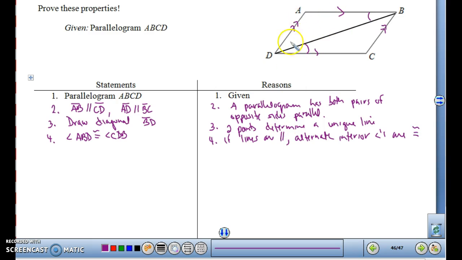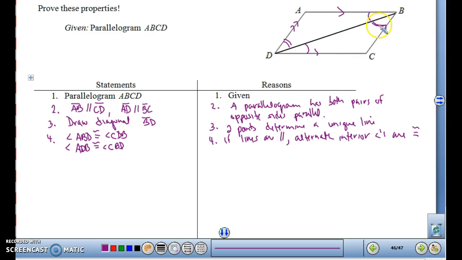Now, these lines right here are also parallel. So doesn't that give me another pair of alternate interior angles? Yeah, it does. It would be this pair and this pair. So angle ADB is congruent to angle CBD for the same reason.